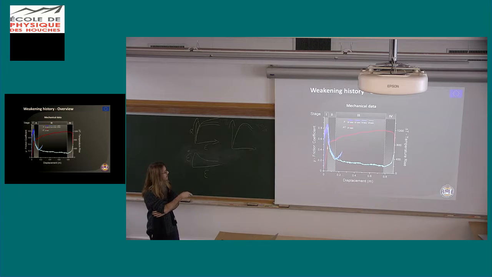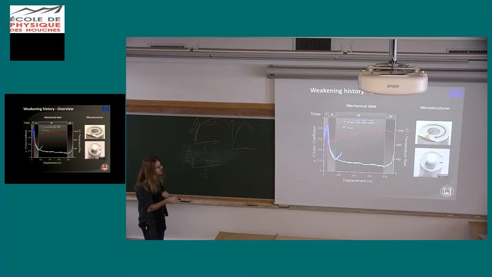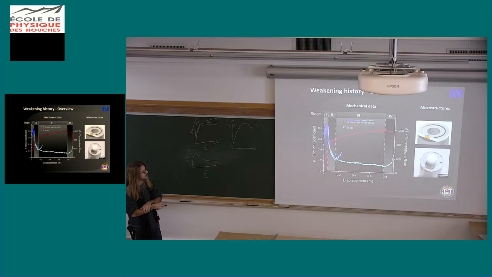And these are 4 experiments stopped at different displacements that I used to investigate the evolution of microstructure. You see that they plot on top of each other, so there is a nice reproducibility. The temperature, of course, rises most when the friction coefficient is high, then becomes lower and lower and drops during the deceleration phase.